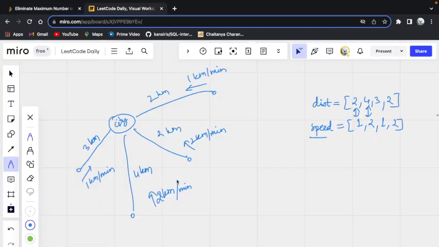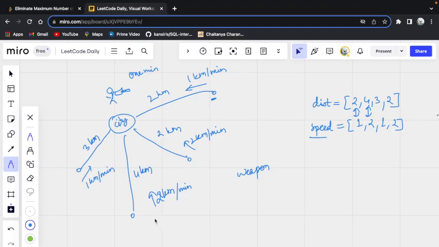So what we basically have is a weapon. You are standing here and you have a gun, and you can kill these monsters. But the problem is, after you kill one monster, let's say this particular monster here, your gun takes 1 minute to fully charge and be ready to kill another monster.